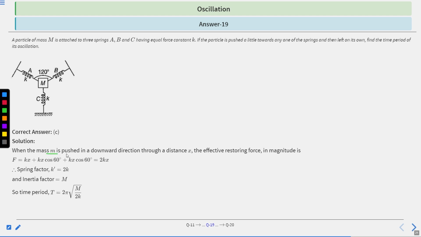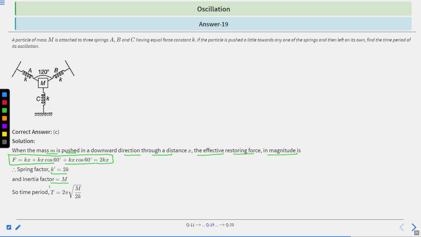When mass M is pushed downward through a distance x, the effective restoring force in magnitude is F equal to kx plus kx cos 60 degrees plus kx cos 60 degrees, which equals 2kx. So the spring constant factor k prime is 2k and the inertia factor is m.